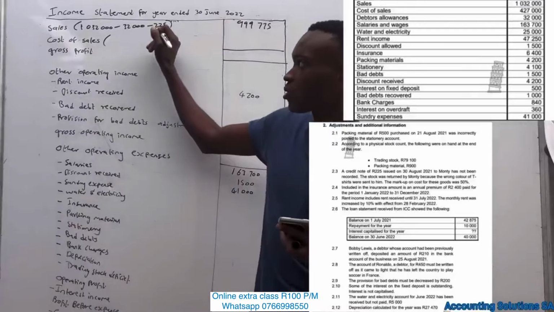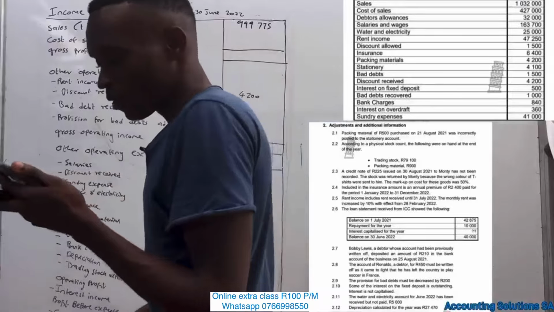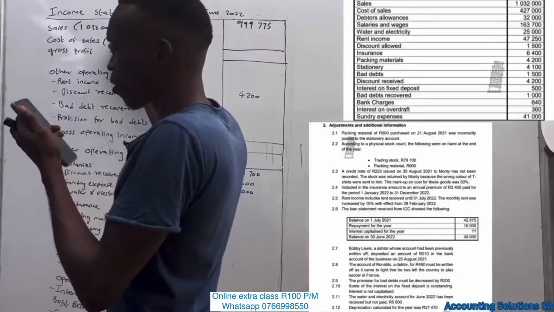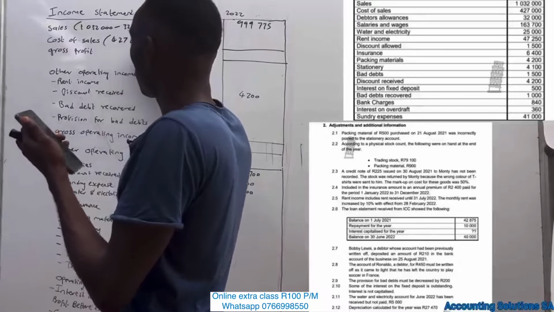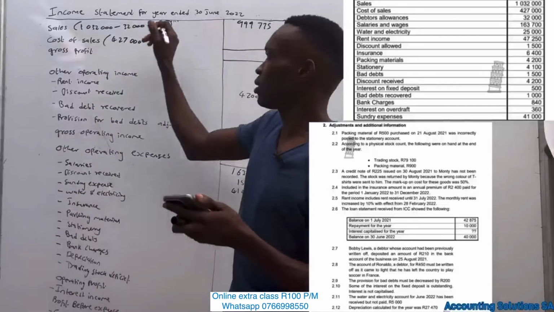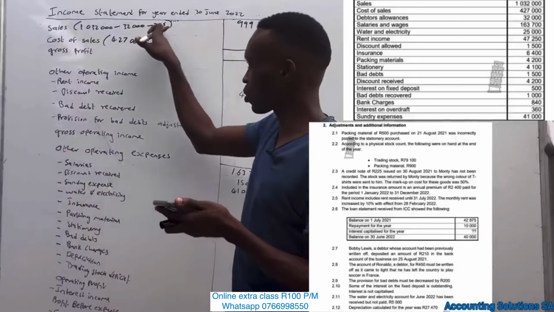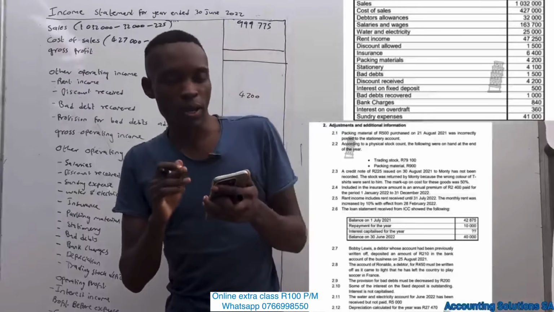Okay, and we open brackets for cost of sales. This transaction is going to affect the cost of sales as well. The first cost of sales that we have is from our balance, which is 427,000. Now the question is, how much are we going to subtract? This one is on selling price and we need to convert it to cost price.